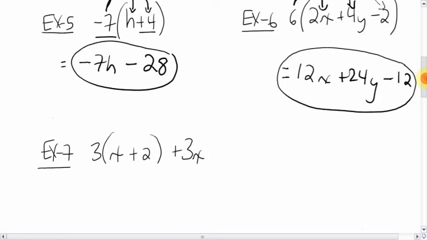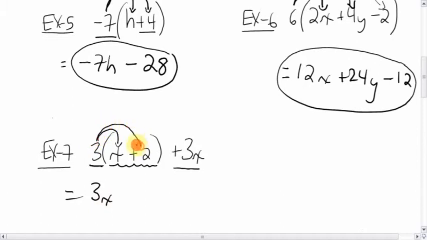Alright, what about something like this? Okay, so this 3 is the fisherman, and again it's catching the x and the positive 2. They are in the water. Is the 3x in the water? No, it's on land. So here's how we'll handle this. The 3 times the x is 3x.